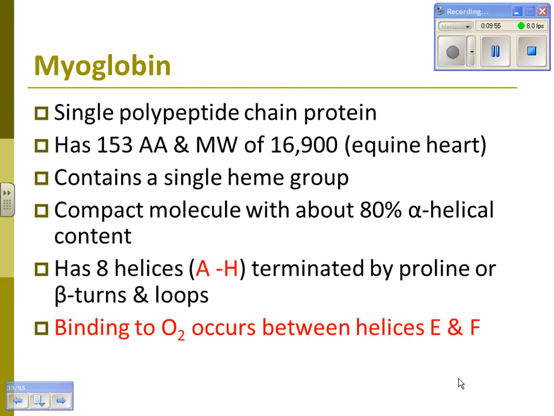Myoglobin is relatively smaller, only about 17,000. It contains one heme group, so make sure you can do a good compare and contrast myoglobin versus hemoglobin. I already talked about this point here. 78% alpha helical.